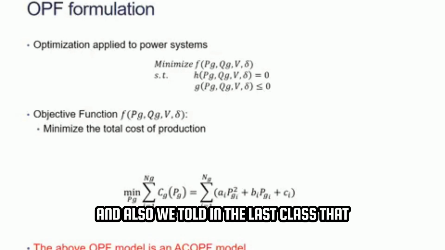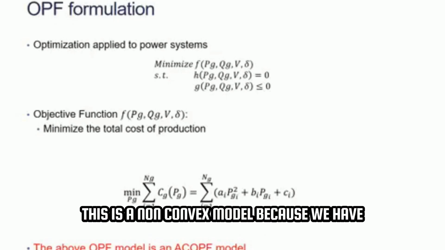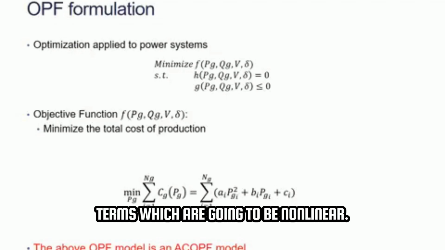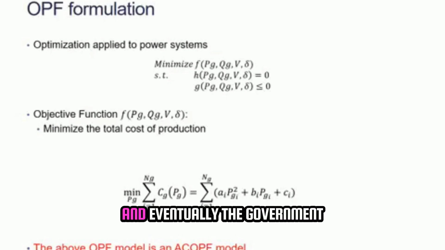And we also said in the last class that this is a non-convex model because we have multiplication of voltages with trigonometric terms, which are non-linear, and eventually the problem becomes non-convex.